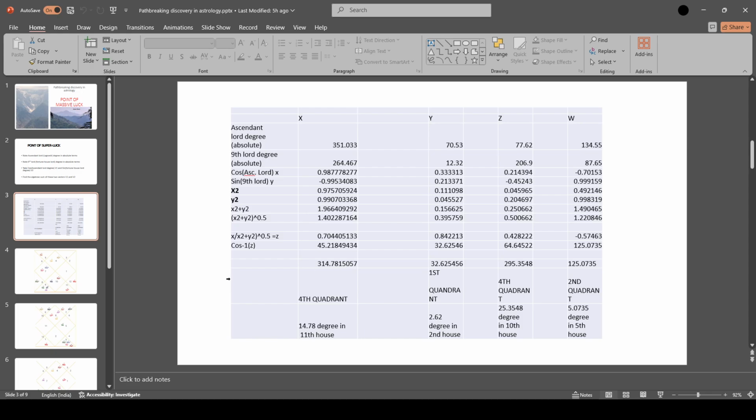This means the point of massive luck lies at 314.78. The nearest multiple of 30 is 300. So it has completed 10 houses. 30 into 10 is 300. And now it is in 11th house. So the point of massive luck is 14.78 degree in 11th house for this chart.